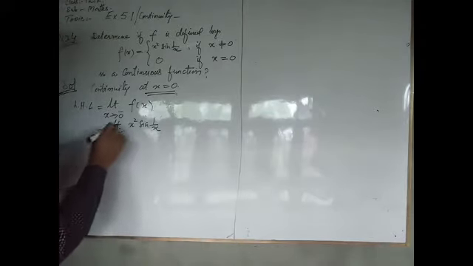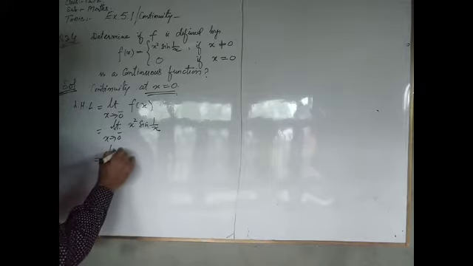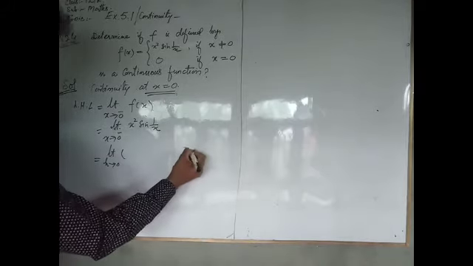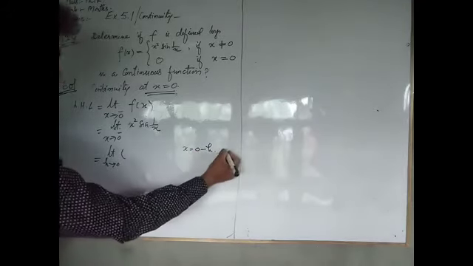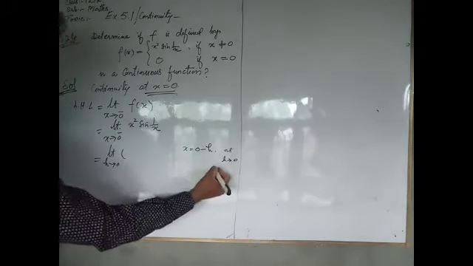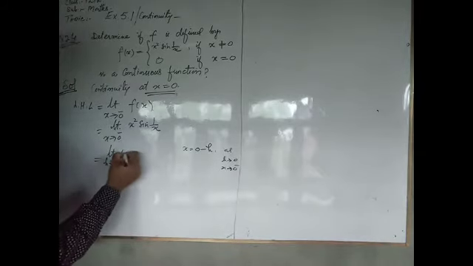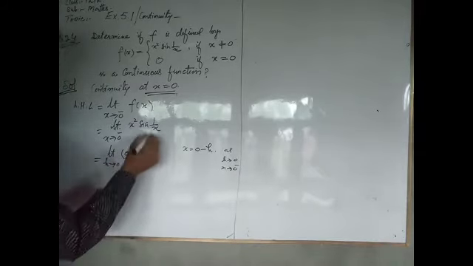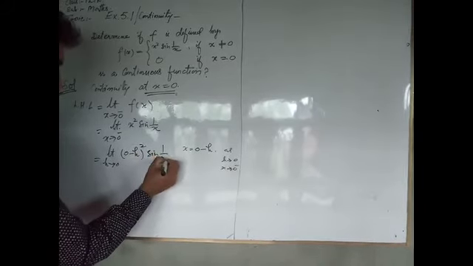So we will take limit with h approaching 0, और यहाँ x की जगह हम लेंगे 0 minus h, as h approaches 0 and x approaches 0 minus. So we will take here (0 minus h)² sin(1/(0 minus h)).